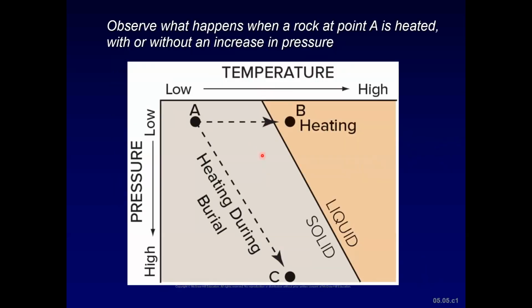So when a rock at point A is heated with or without an increase in pressure, it's melted, as in what's happening at point B. Point A to C shows that if the temperature increases but pressure is sufficiently high, the rock still is not going to melt.